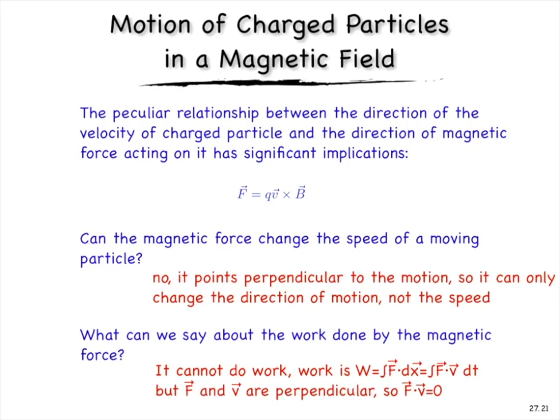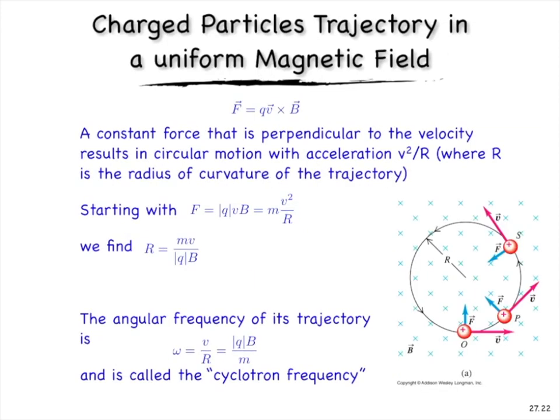So what can you say about the work done by the magnetic force? 0, yeah. So magnetic forces cannot do work on freely moving particles. Can't speed them up, they can't slow them down. They can only change the direction.